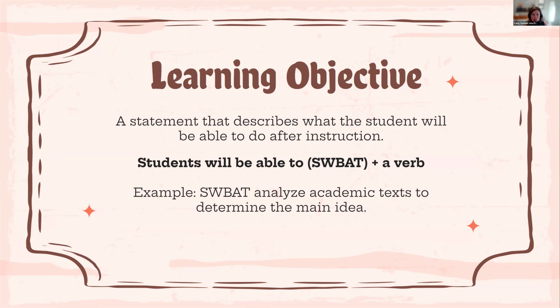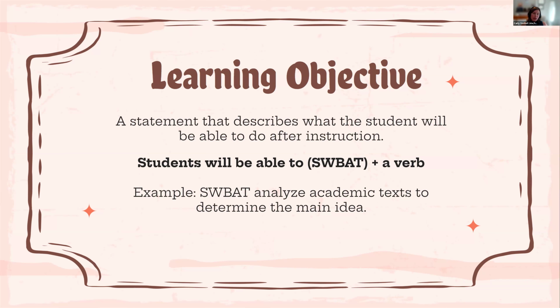It's a statement that describes what the student will be able to do after instruction, after a lesson, after a series of lessons, at the end of your credential class that you're holding. So they usually kind of follow this structure. Students will be able to, which can be abbreviated SWBAT, and then you're going to add in the thing that they're going to be able to do, right?